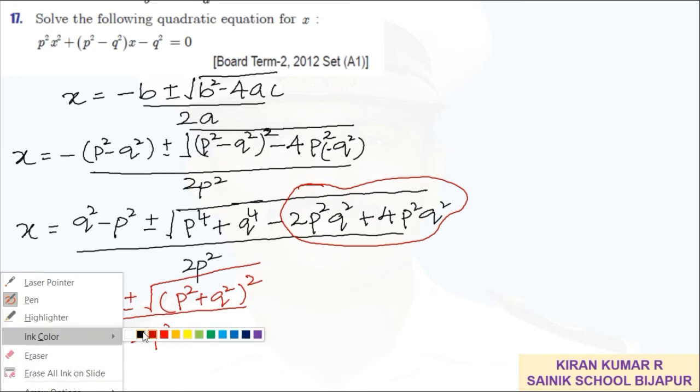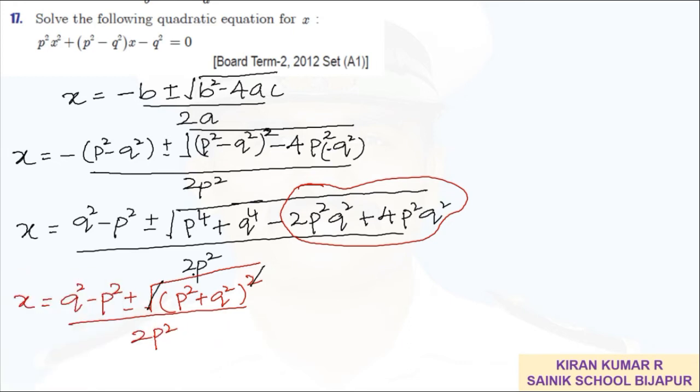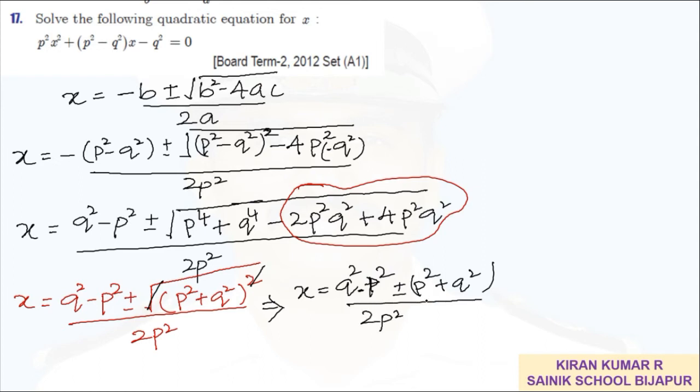Again observe, this square and square root will get cancelled. We get x value as q square minus p square plus or minus p square plus q square. This should be written in the bracket, divided by 2p square.